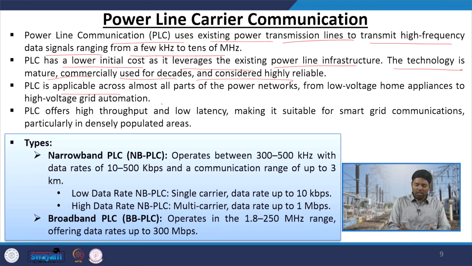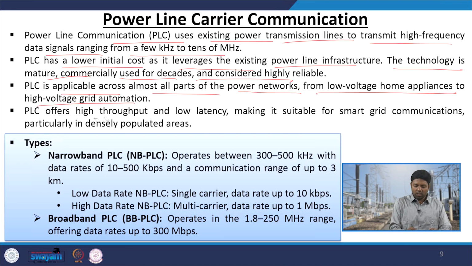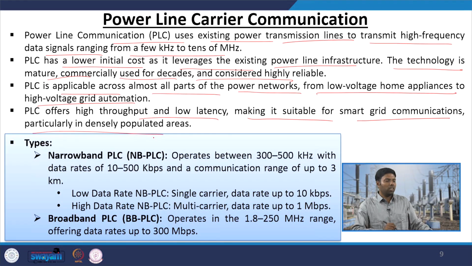PLC is applicable across almost all parts of the power network, from low voltage home appliances to high voltage grid automation. So that is very cost effective, actually. You are using the same thing for two purposes. It is widely adopted all over the world, from the HAN level to the WAN level. PLC offers high throughput and low latency, making it suitable for smart grid communications, particularly in densely populated areas.